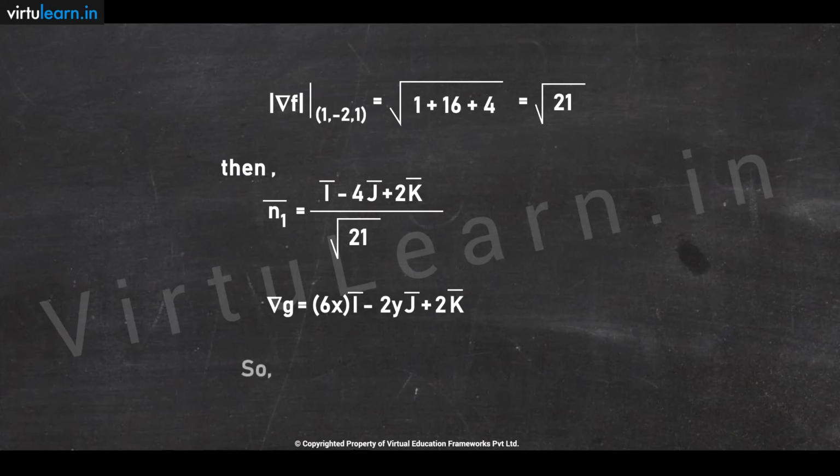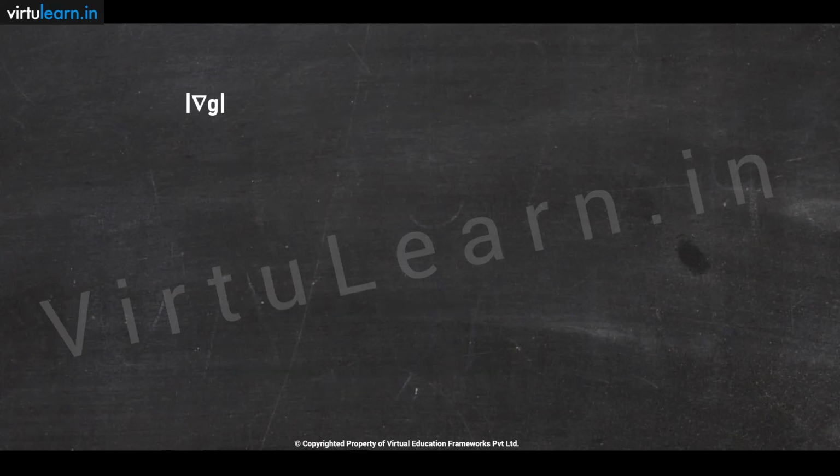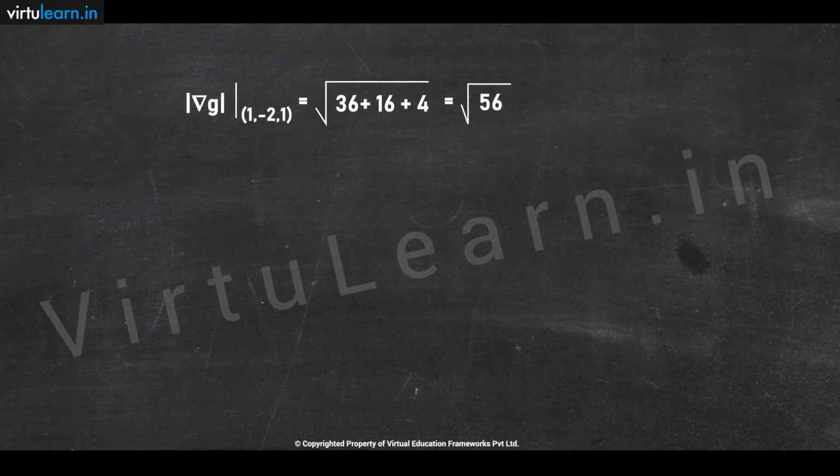So gradient of G at 1, minus 2, 1 becomes 6i bar plus 4j bar plus 2k bar. Magnitude of gradient of G at 1, minus 2, 1 is equal to square root of 6 square means 36 plus 4 square means 16 plus 2 square means 4, which is equal to root 56.